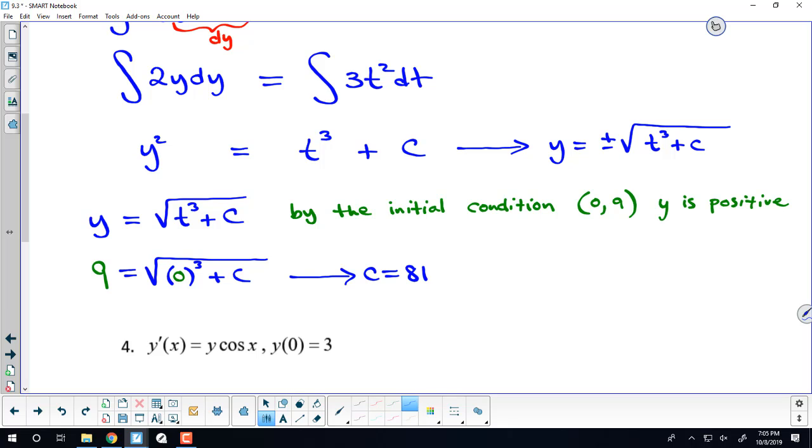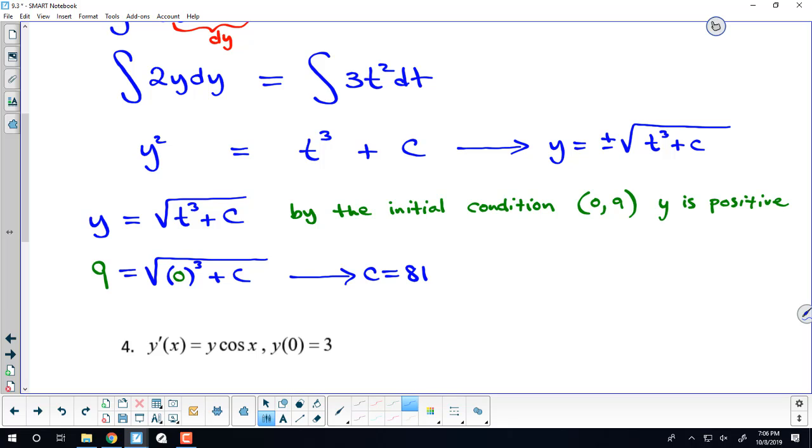So I have a question. Sure. Instead of writing it as y equals the square root of t cubed plus c, could we write it as t to the 3/2 plus a different c?